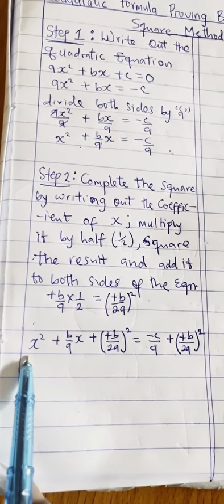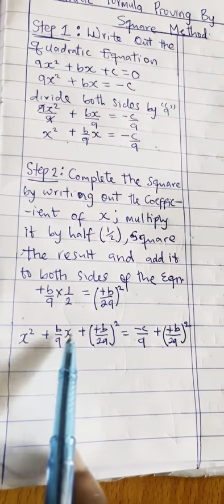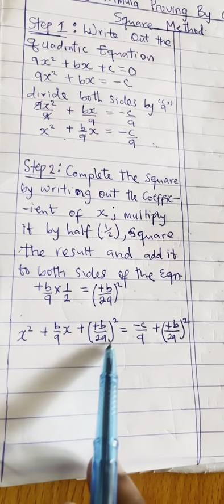After I've done this, you will see that on the left hand side of the equation I have x squared plus b over ax plus b over 2a all squared.